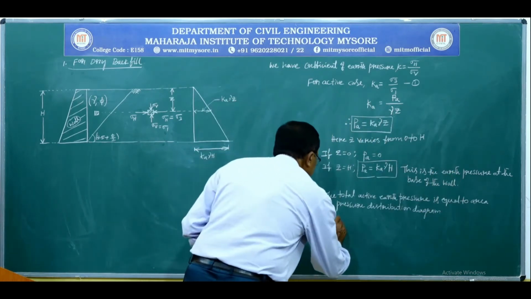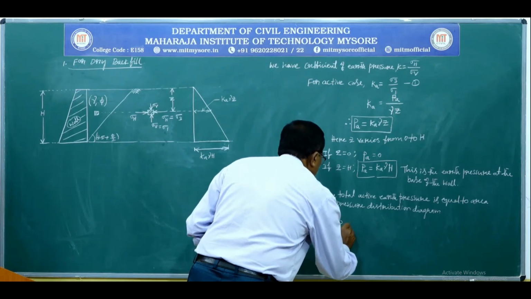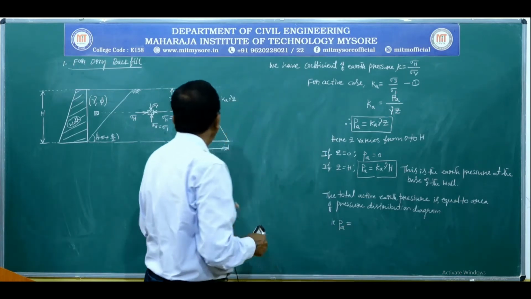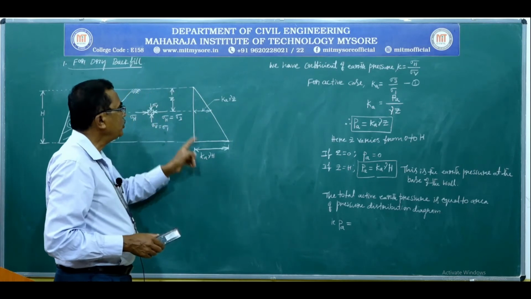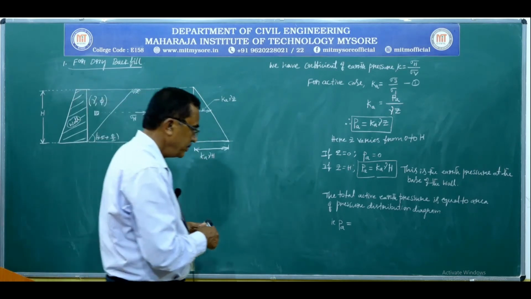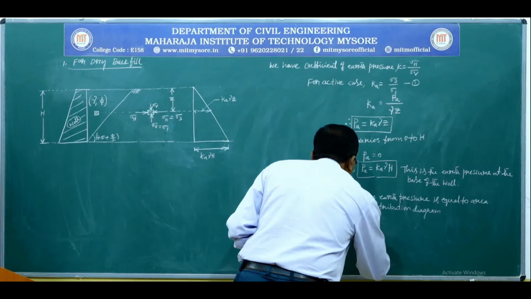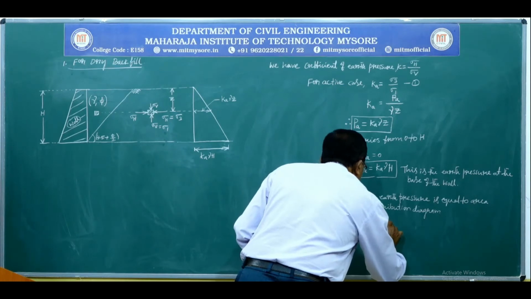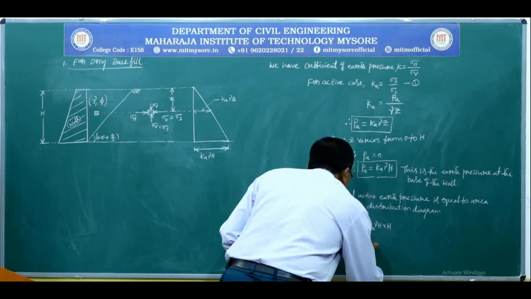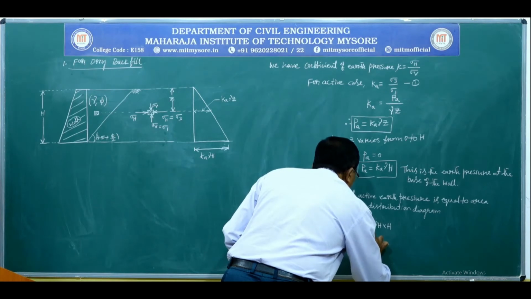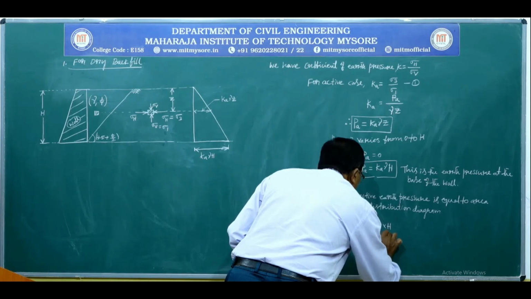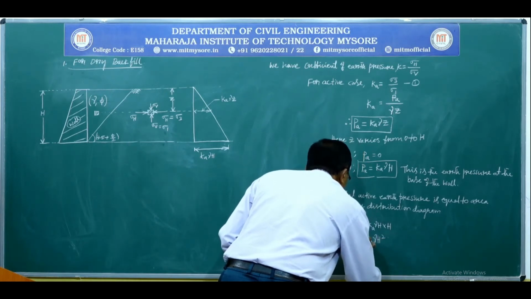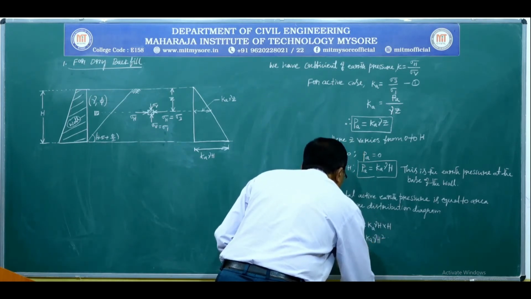That is, PA is equal to the area of this triangle, half into base into height. PA is equal to half into base, which is Ka gamma H, multiplied by H, that is equal to half into Ka into gamma into H square. That is PA.